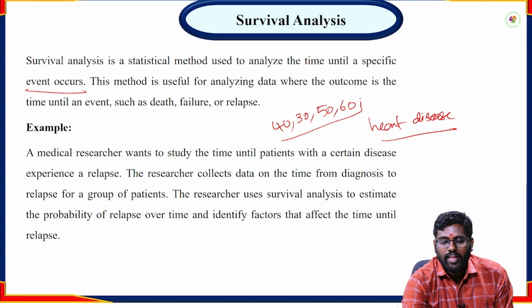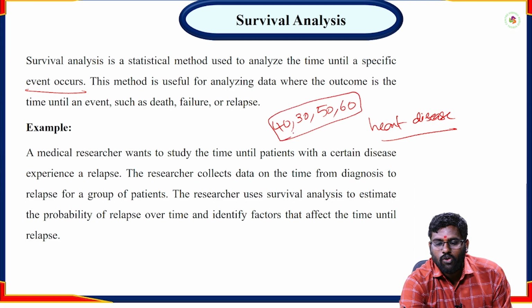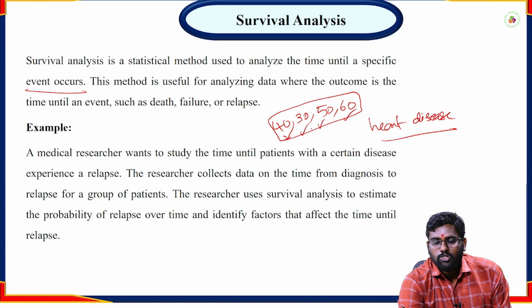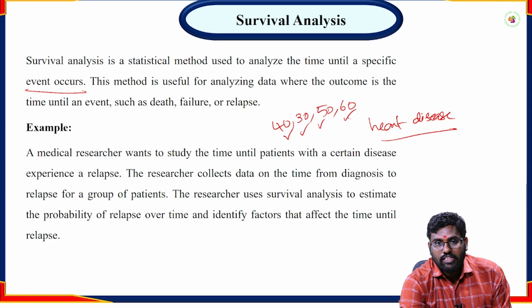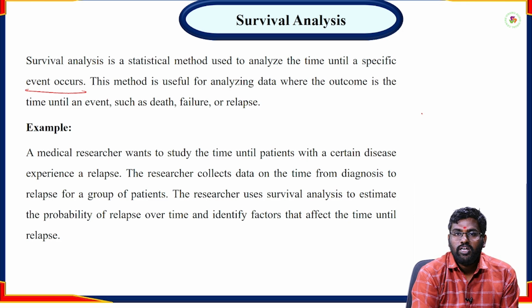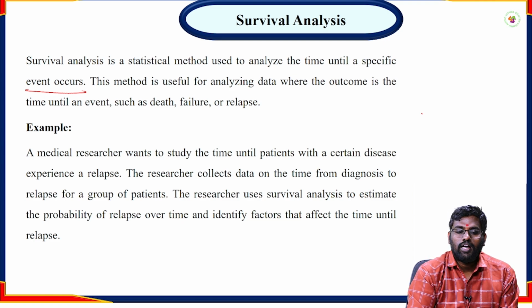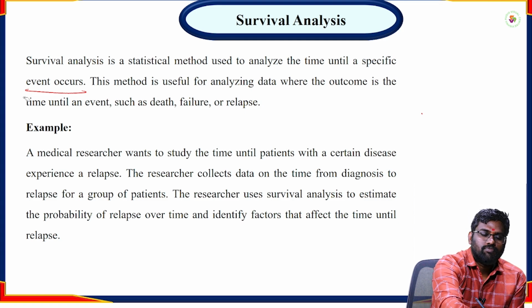If I have to analyze the previous solutions for heart disease patients aged 40, 30, 50 and 60, based on all these surveys we get the data. So for which medicine the person's heart disease will decrease, based on that we have to give those medicines to persons of that age. That is called survival analysis.